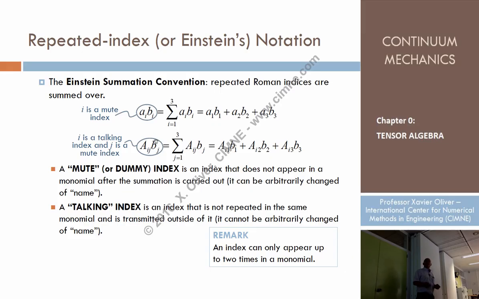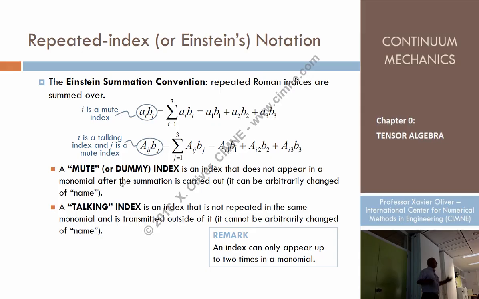So that allows us, in an expression like that, to distinguish a mute index. What is a mute index? It's an index that repeats. So for instance, imagine that I replace in that expression, instead of j, I put k: a_ik times b_k. What will be the result? The same.